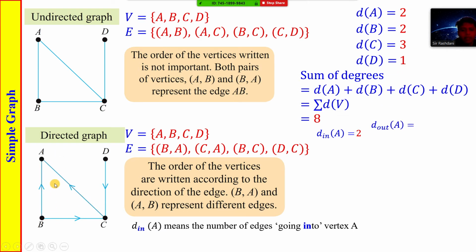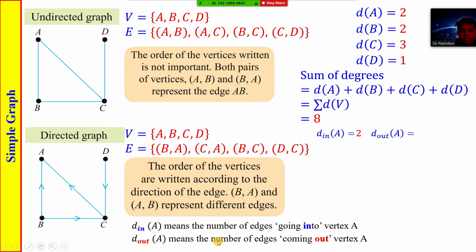And the degree out means the number of edges coming out of vertex A, but there's none coming out here, so we write 0. So the total degree of A is 2 plus 0, which is 2.